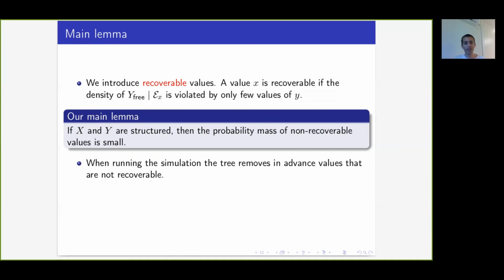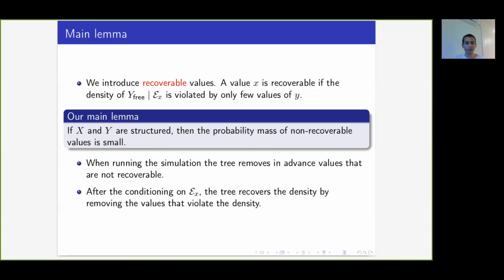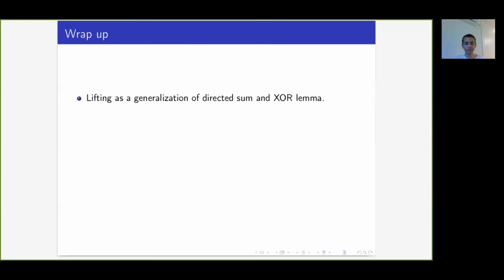If the distribution after the conditioning is dense, then the tree continues with the simulation. Otherwise, since all values are recoverable, we can remove the values that violate the density from x and y, get a new distribution, and then continue with the simulation.